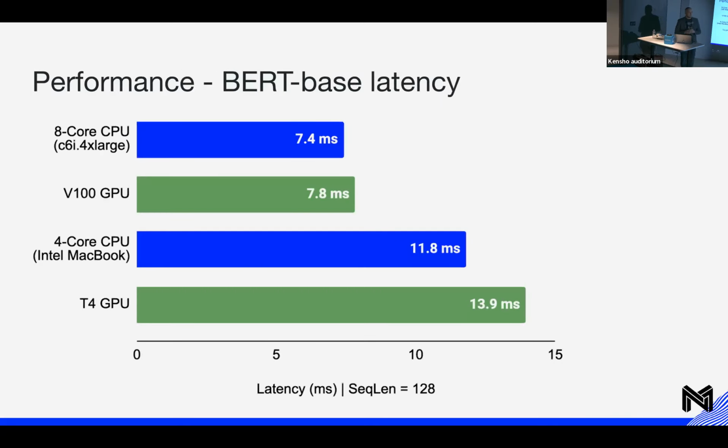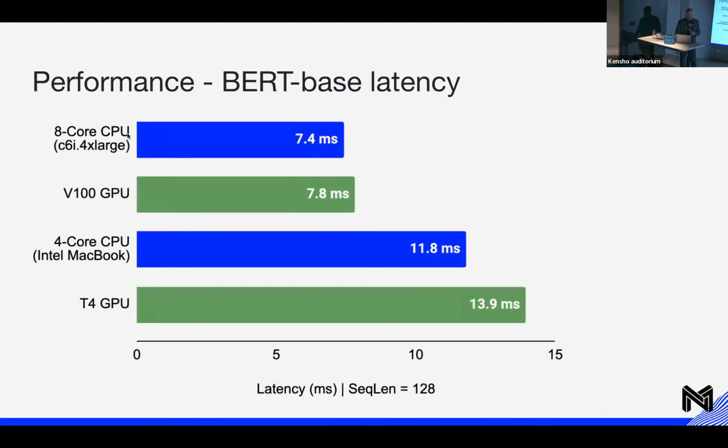All right. And then let's go ahead and jump into a little bit on performance. So this is looking at all that research that I just went through, actually getting some numbers on what this means to the end user once you go to deploy. So this is looking at CPUs versus GPUs, and taking our 80% 12-layer sparse quantized BERT and comparing it to a dense BERT on GPUs.